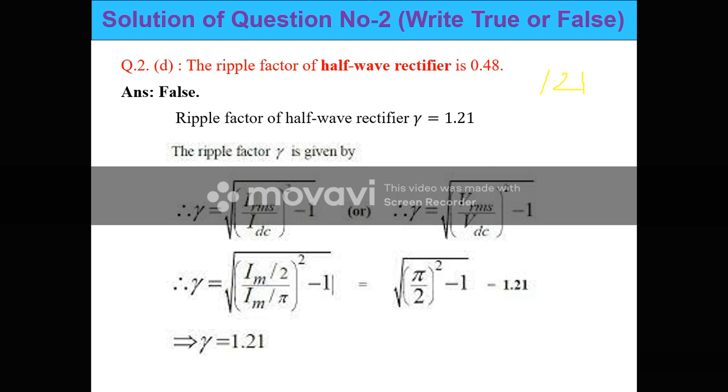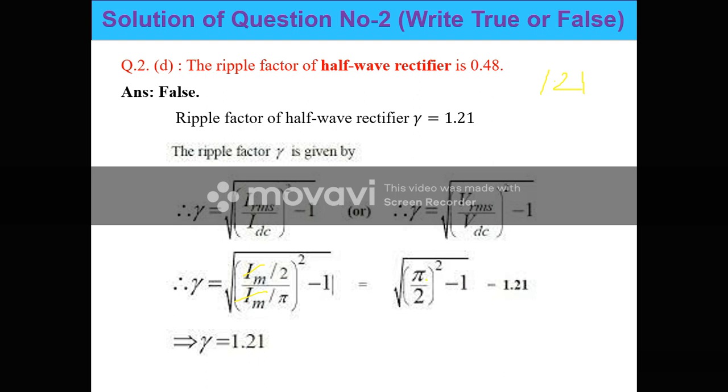I RMS we have already seen in the previous slide: I RMS equals Im by 2, and IDC equals Im by pi. Here Im and Im will cancel, so pi is on the upper side and 2 on the lower side. That means gamma equals pi by 2 whole square minus 1.